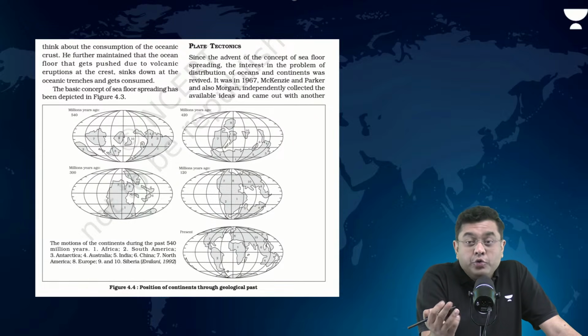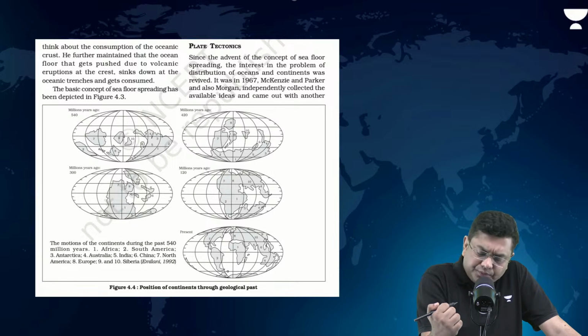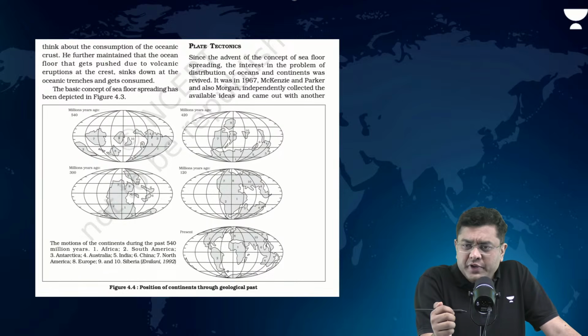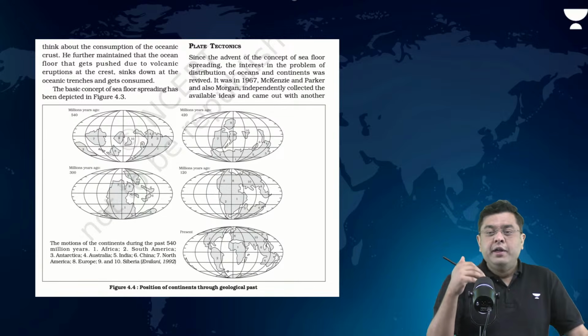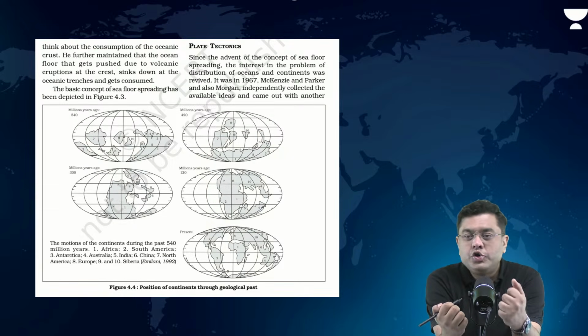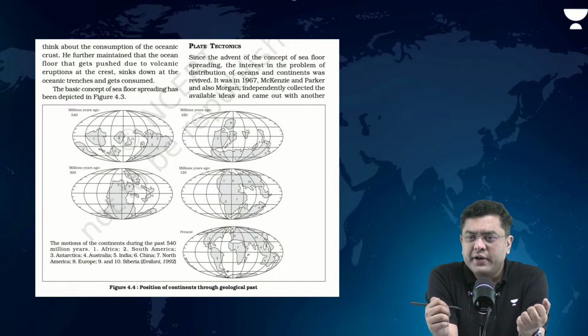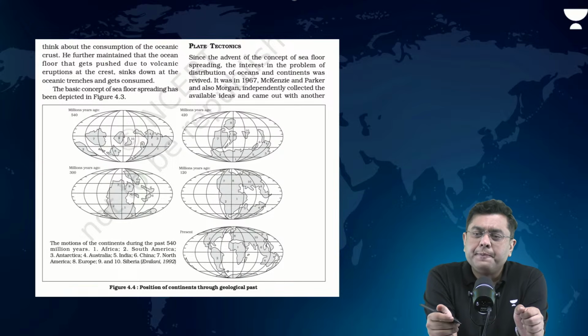Wilson, Tuzo Wilson was one of the great luminaries of geography at Princeton, right? So Tuzo Wilson is accredited with much of the research which was done for plate tectonics. It is, in fact, Tuzo Wilson who eventually helped formulate the entire idea of the supercontinent cycle, which we will talk about maybe at the end if time permits. Not given in NCERT, obviously.